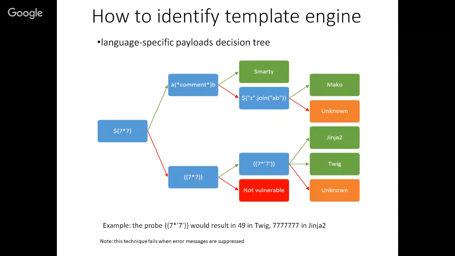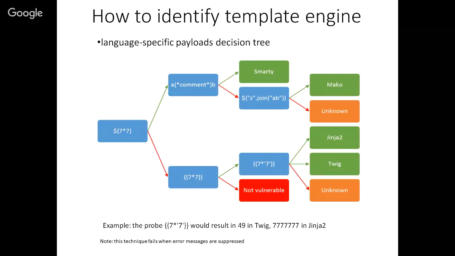What happens in it? If we give the input inside the template like 7 into 7, that will give some output, right? On the basis of that, we'll make one more decision. On the screen, as you can see, 7 into 7 is there. That has two possibilities: 7 into 7 may be rendering on the page, or may not be.